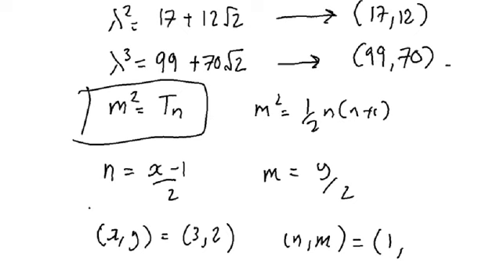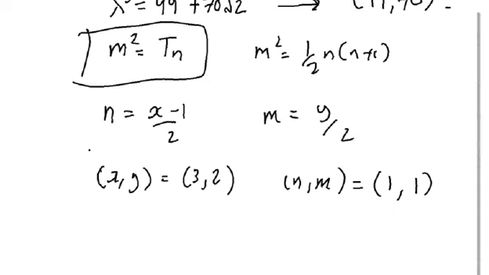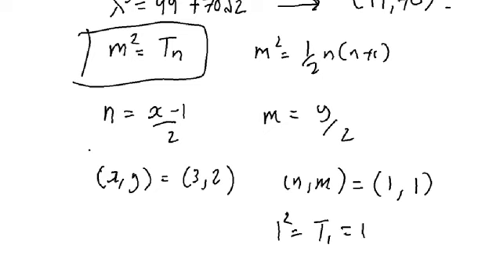And m, rather, is y over 2, which is just 1. So that just tells me, you can check this out, that 1 squared is equal to the first triangular number, which is 1. So it works, that's nice.